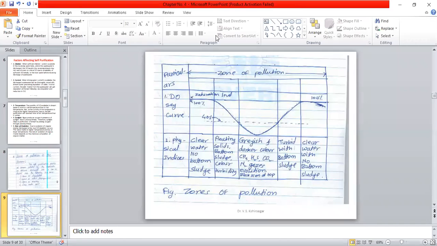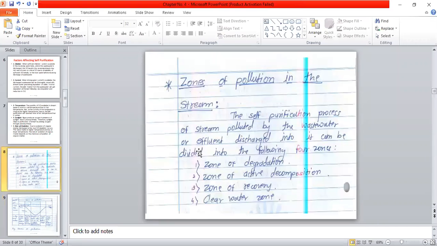I forgot to write. If you have written this one, first write down this: zones of pollution in the stream. These are the 4 zones. Write it down now first.